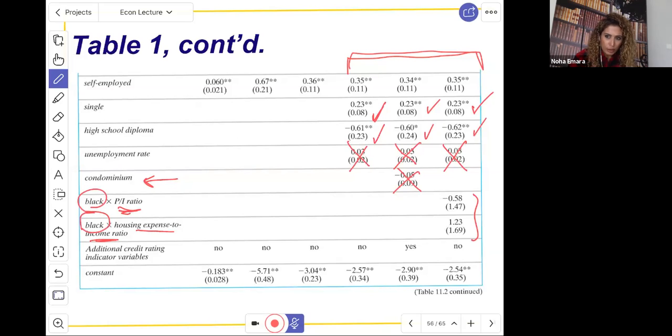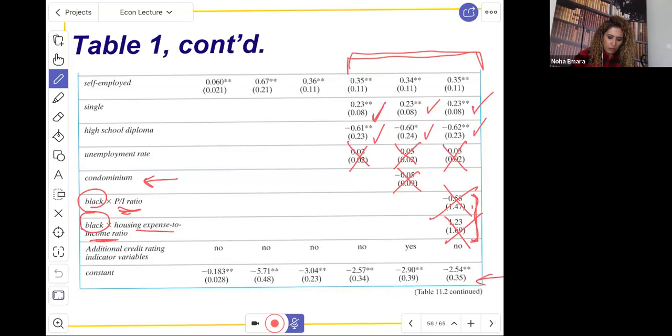If there is actually discrimination, I would expect these to be statistically significant. However, I see the answer is no. And as I said, econometrics is all about analysis, interpretation. So what you can say is the answer is that there is no statistically significant difference in standards applied in evaluating the payment to income ratio and house expense to blacks versus whites.